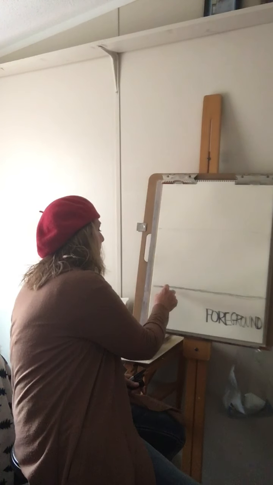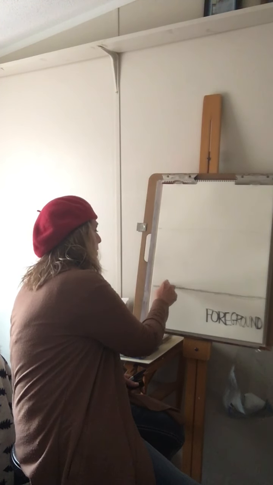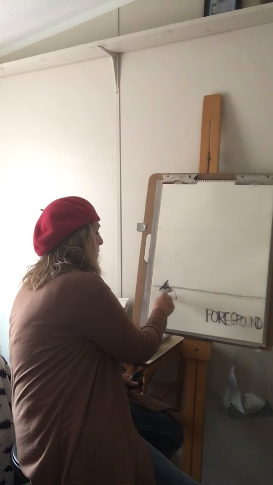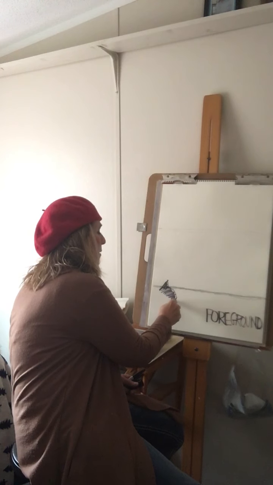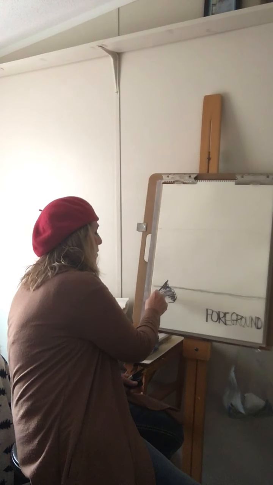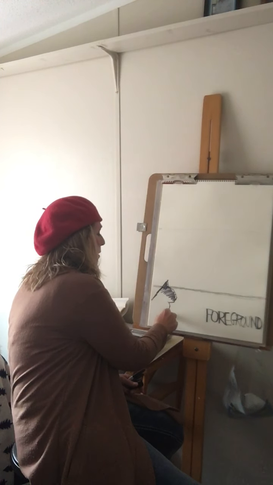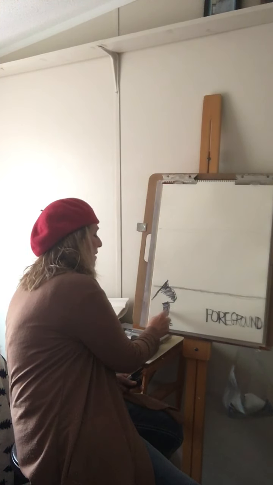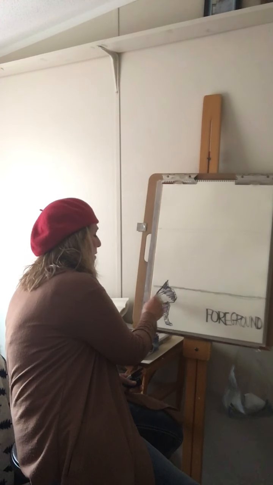Say we had a cat sitting on top of a wood pile or something, and the kitty would appear closest to us, because obviously things that are closest to us appear larger. So here's a kitty, and you don't have to draw that.